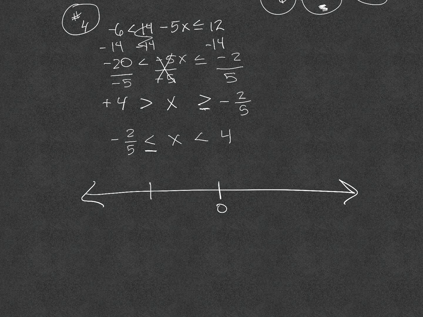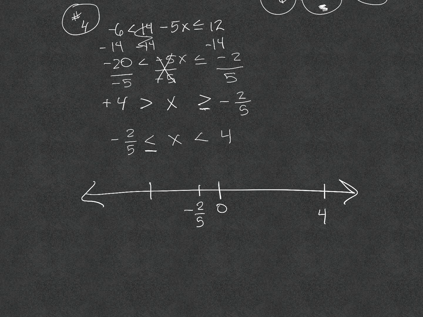So if I just put 2/5 here and my 4 over here, reasonably speaking, this would be much closer because it's less than 1.